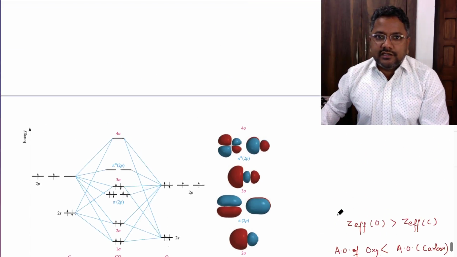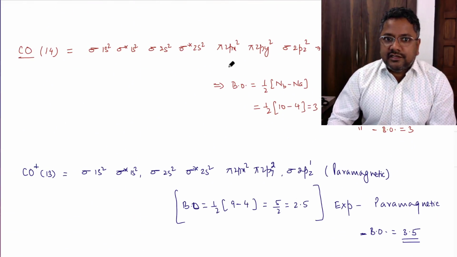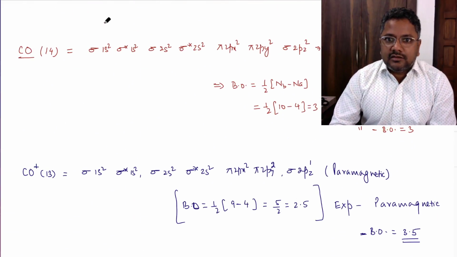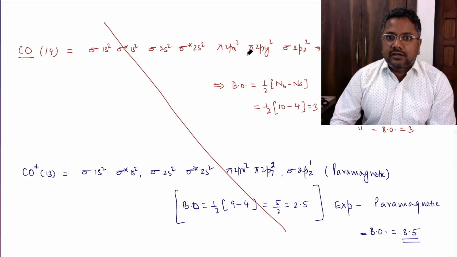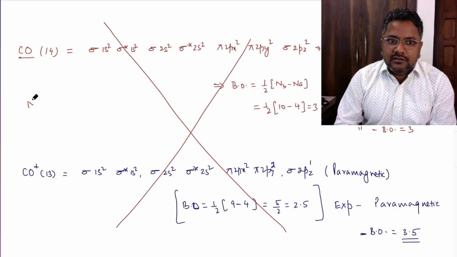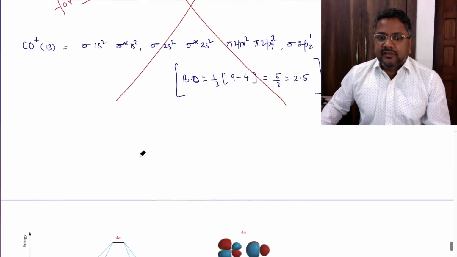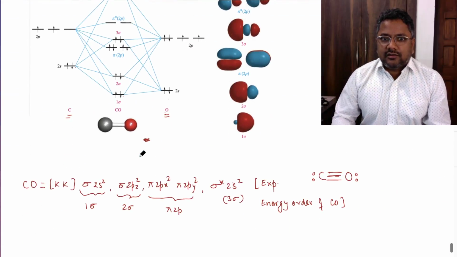This representation is not valid for carbon monoxide, right? You cannot use this. You should use this order, right?